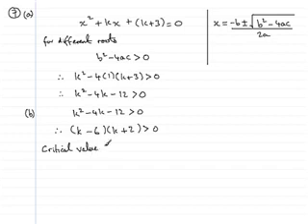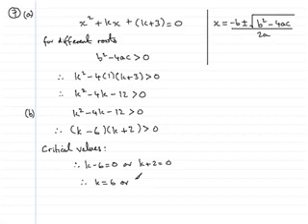These are the values of k which would make this expression equal to 0. So in other words, if it did equal 0, k minus 6 would equal 0, or k plus 2 would equal 0, and therefore k equals 6 or k equals minus 2. These are the critical values.